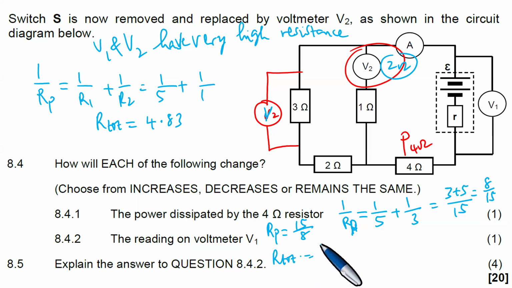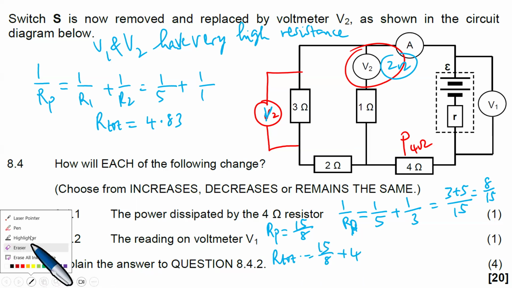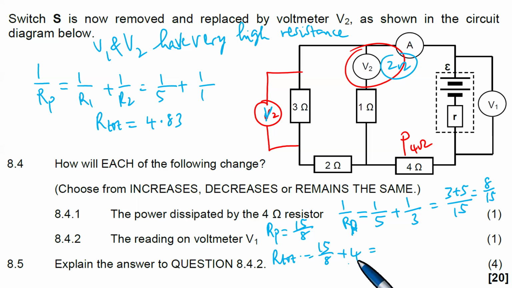R total is 15 out of 8 plus 4. So what is this? This is 32, 47 out of 8.